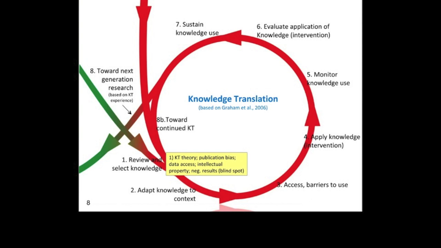And when we talk about translating knowledge, we have to have all this focus in mind, because we don't know where the knowledge is going to be used at the end. So we have to, as a knowledge translator, as someone that is going to put the knowledge out there to be used and to be applied, review and select that knowledge.